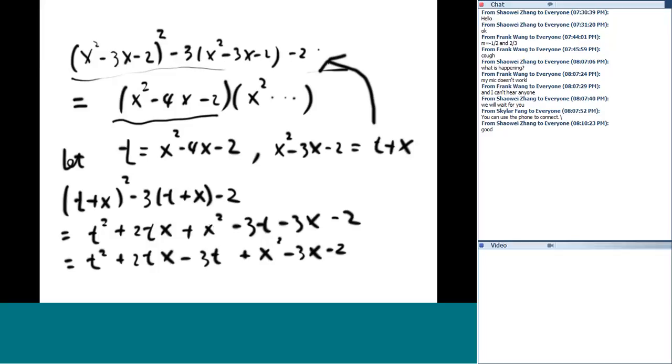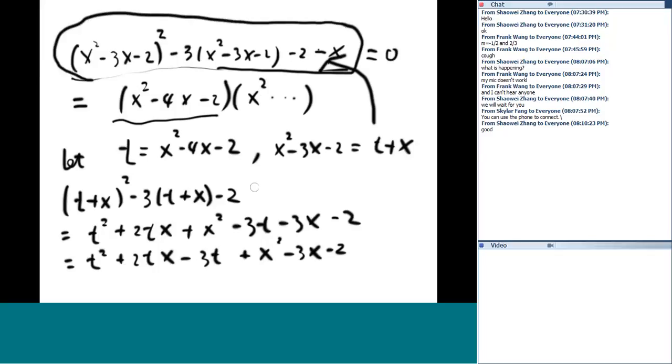I think it's wrong, the minus x minus 2. Oh, we are missing something. Here's the minus x. This is the original equation. The original has the minus x there, so you have the minus x here.